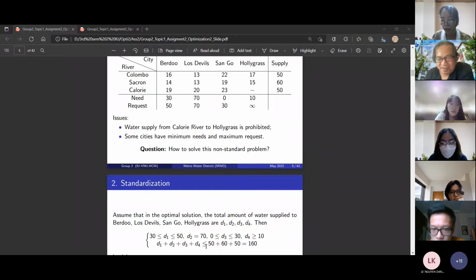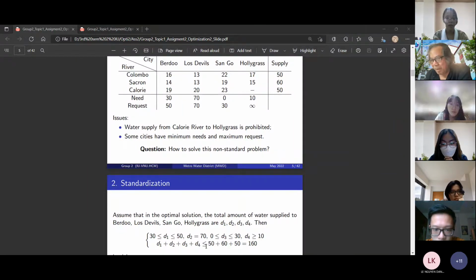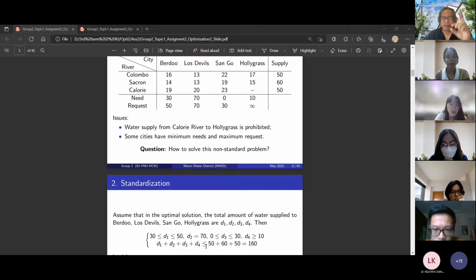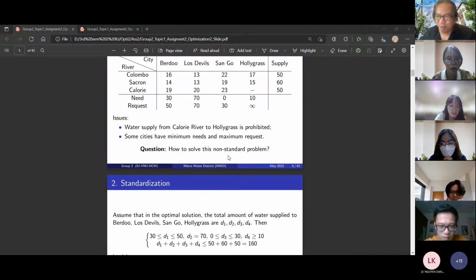Because in the book they don't write down request and need, you wrote need and request, and it's misleading. These words are not correct. It is a minimum need, so you must supply at least that number. And the request means, for example, I need only 5, but if you give me 10, it's okay.